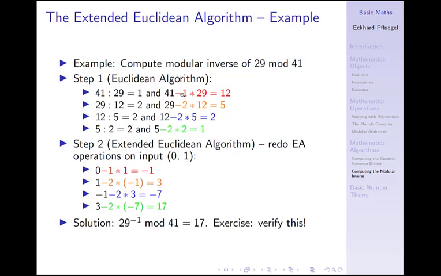So this -1 here is the reason why you've got a -1 here. So 0 minus 1 times 1 is 0 minus 1, which is -1. So we've done the first row now for step 2.